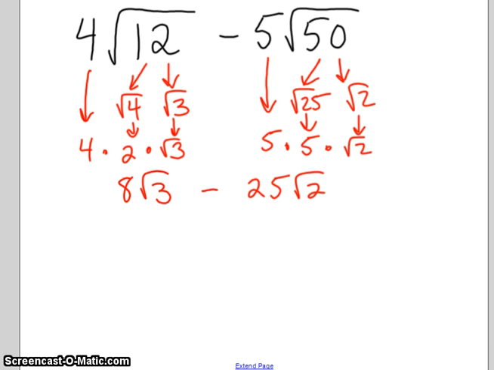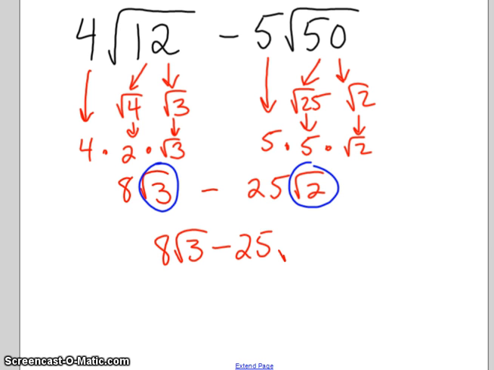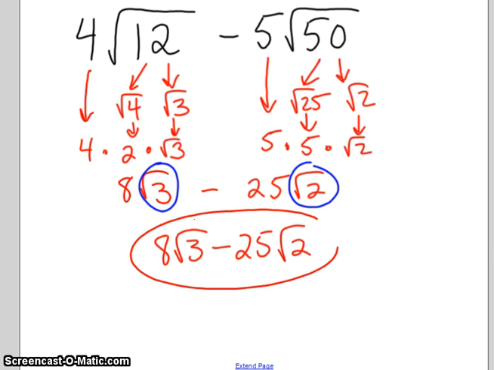Now we don't have matching radicals, so we can't do anything with this. They're not alike, therefore our answer is just going to be 8 square root 3 minus 25 square root 2. That's all we can do with it.